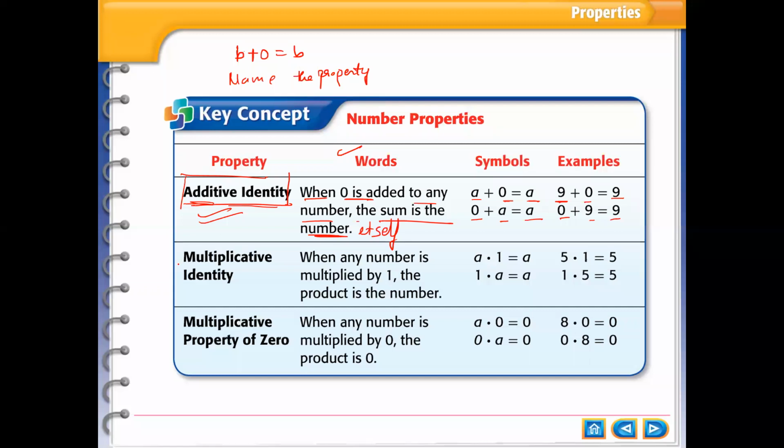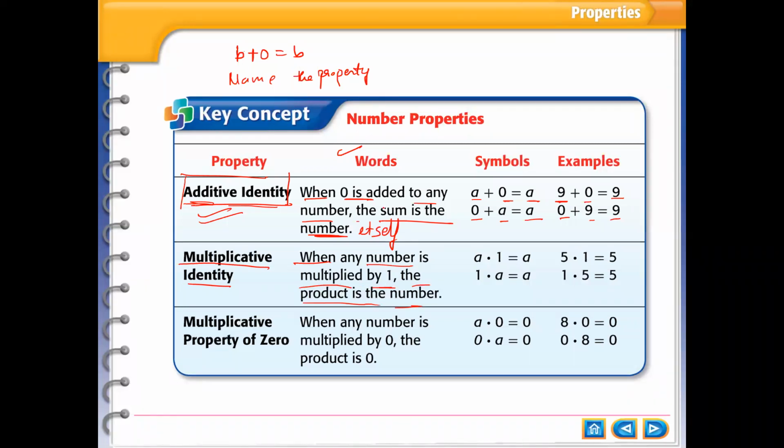Now multiplicative identity. When any number is multiplied by 1, the product is the number.